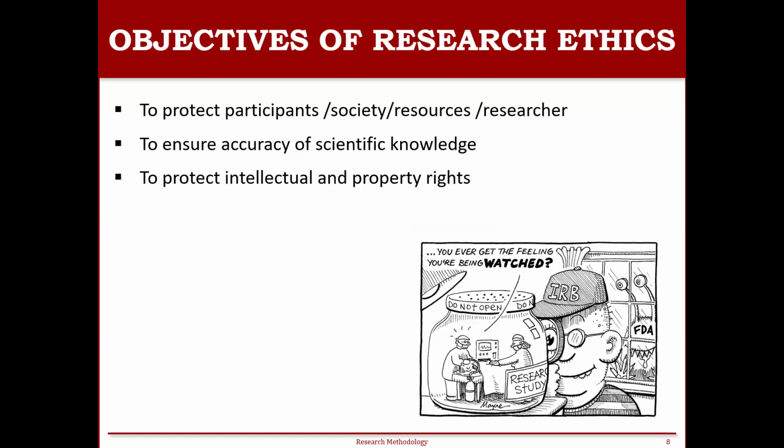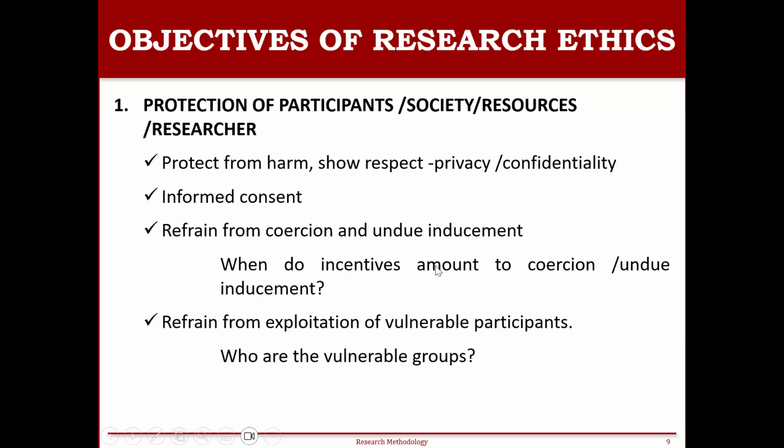Right? So those are the 3 major objectives we have when it comes to the research ethics, right? So we have to protect our participants, we have to ensure the accuracy of the scientific knowledge, and if we use some intellectual property, we have to protect the rights, right? So we will discuss these 3 in detail.